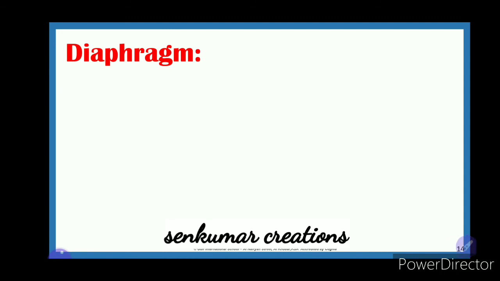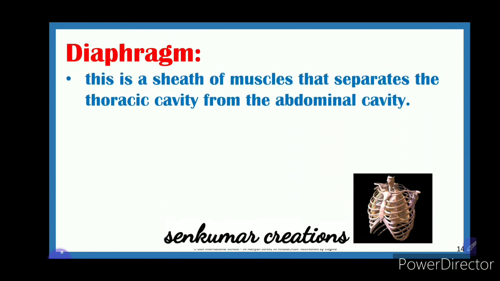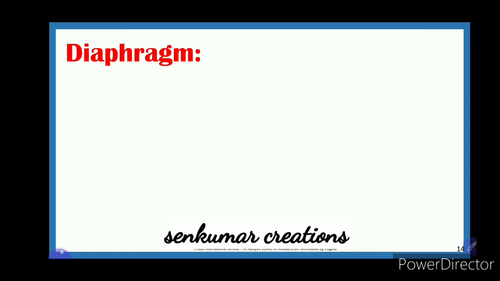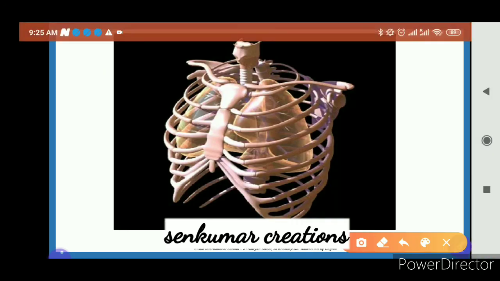So next, the diaphragm. The diaphragm is a sheath of muscles that separates the thoracic cavity from the abdominal region. I will show a big picture so you can understand. This is the rib cage, right? Below this area is the abdominal region, and this is the chest region.